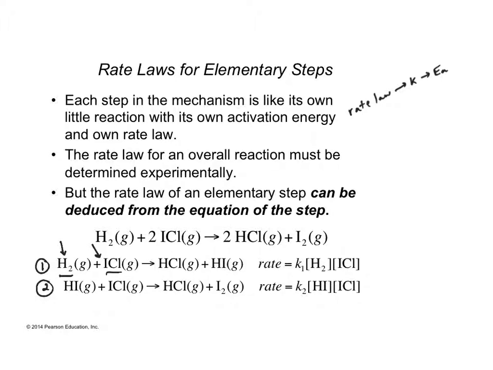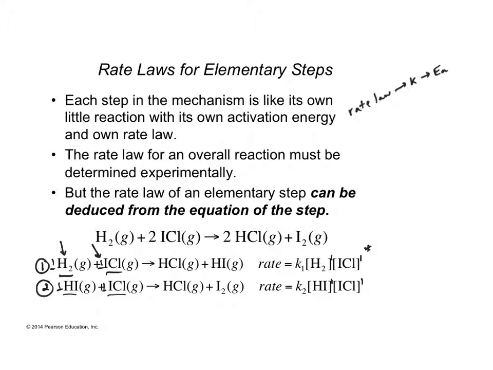We can essentially know the rate law for these elementary steps by just looking at how many reactants we actually have. Okay, so if it's a 1 in front, that means it is first order with respect to both of them. Same thing for our second little elementary step. It is going to be first order with respect to HI, first order with respect to ICl. Okay, we can propose that just by looking at the elementary step.